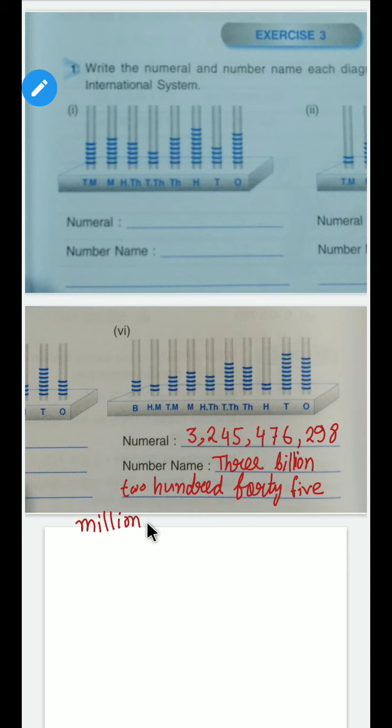Then 476 belongs to the thousand room, so this will be 476,000.